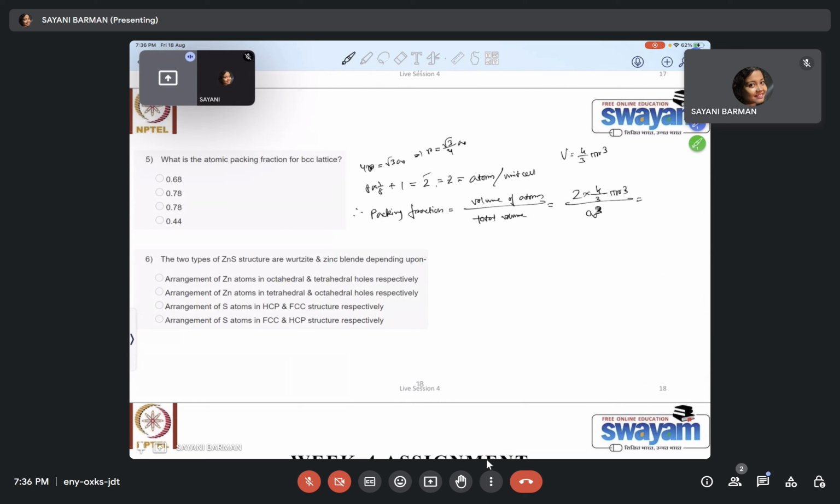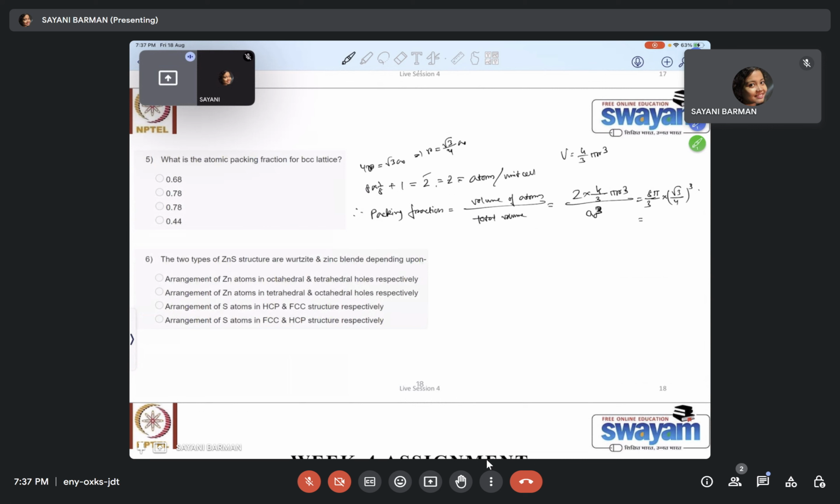So this would be 8 by 3 pi a0 cube, and a0 cube will cancel out, into root 3 by 4 whole cube. Now the 4s will cancel out, the 3s will cancel out.